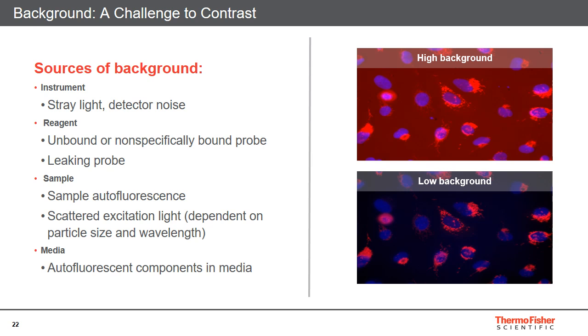So we have various sources of background that we need to deal with. We of course have background from the instrument and the camera or whatever detector that we're using, which is something that we rarely have any control over, but we do have control over some of these other sources, such as from the reagent itself.